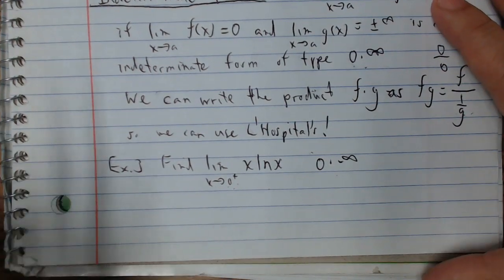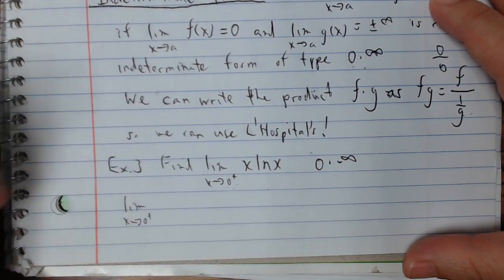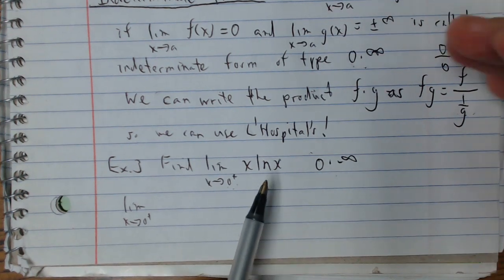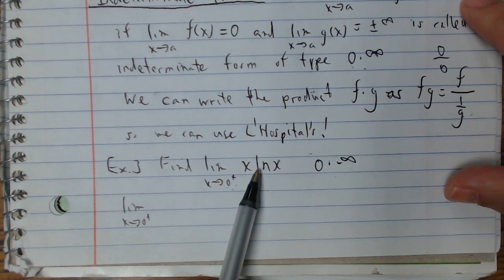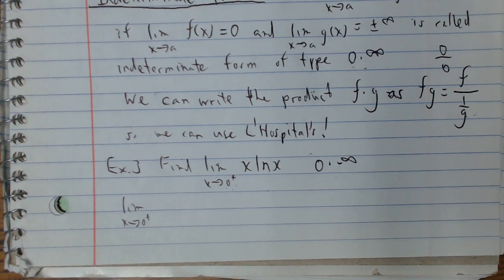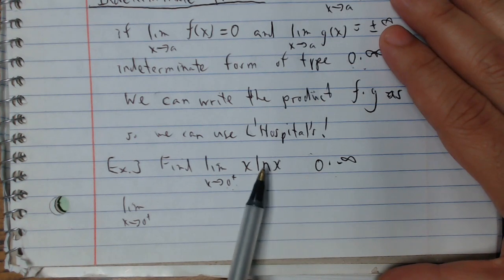To be able to use L'Hopital's, I need to first write this as a fraction. My options: either write ln of x as 1 over ln of x, and I don't like that, because I'd rather leave ln of x in the numerator, since I know right away the derivative of ln of x is 1 over x. So I would grab x and write it as 1 over x.